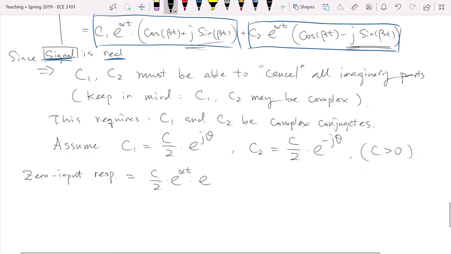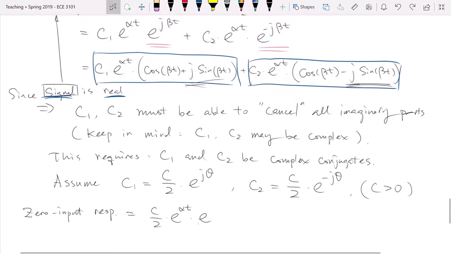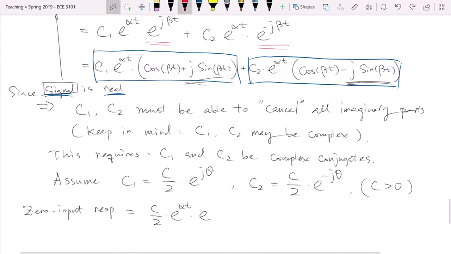Now, although I can use the two terms in the blue box, what I'm really going to use is these ones. I'm going to use this line, because I have exponential signals multiplying with each other. And I have e to the j theta here, I have e to the j beta t here.